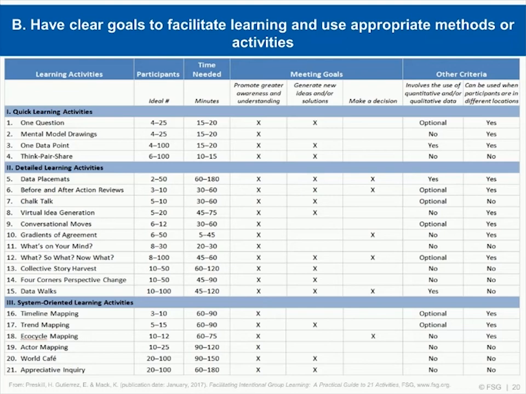But this just gives you an idea of how there are different activities you can use to achieve the different goals that I explained before. So after you know the goal that you're trying to achieve, then you can start thinking about what would be the right activity. And to illustrate some of these activities, I'm going to walk you quickly through three of them.